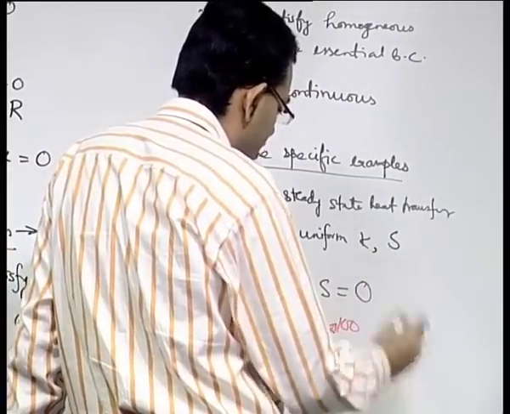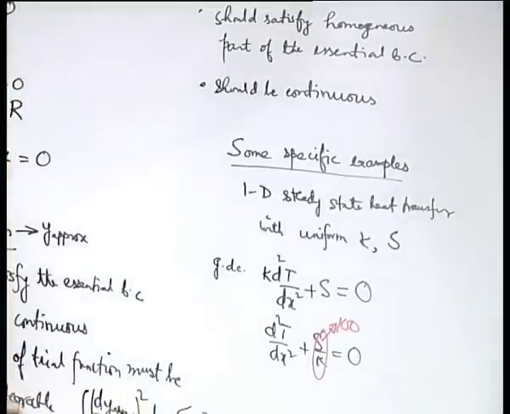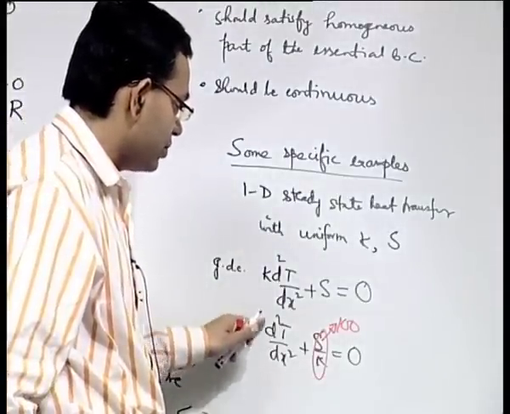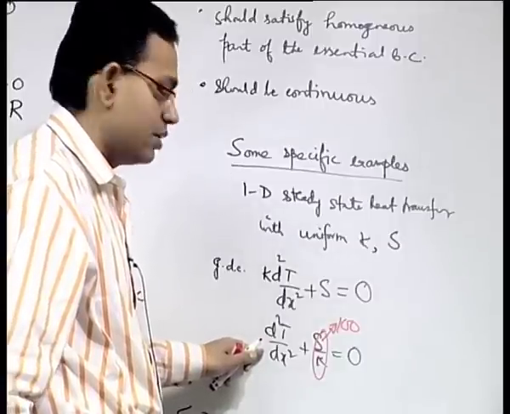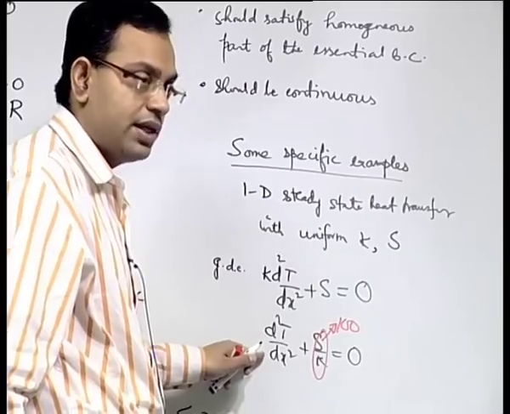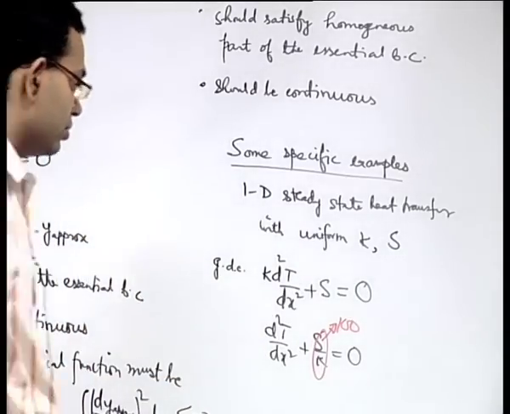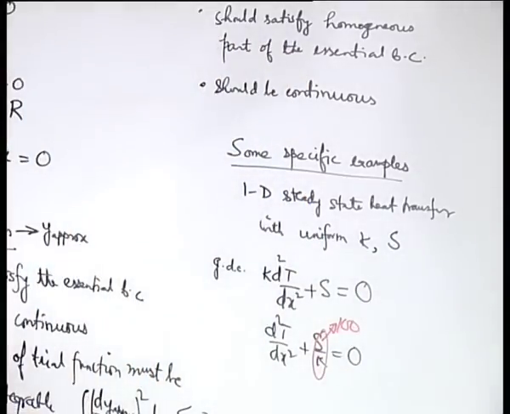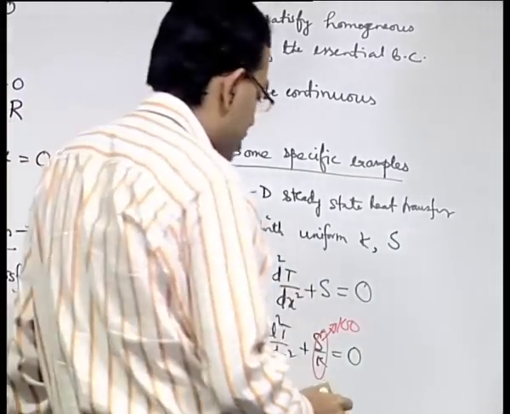Let us say this is 100. What should be the unit of this? What is the unit of d2T/dx2? Kelvin per meter square. So, this is like 100 Kelvin per meter square, say. We are not putting the unit here, but it is with consistent units.